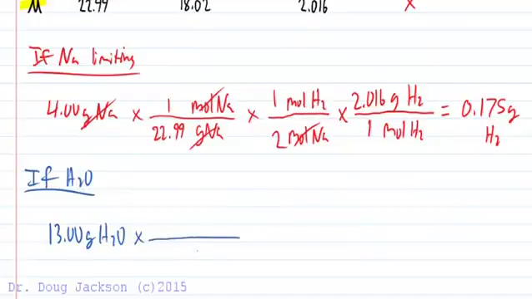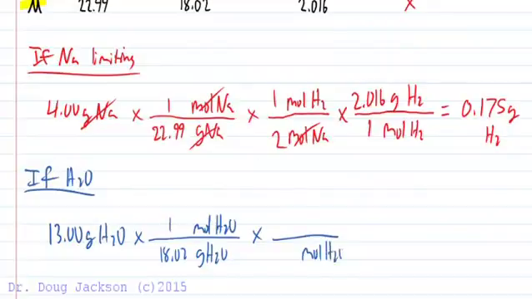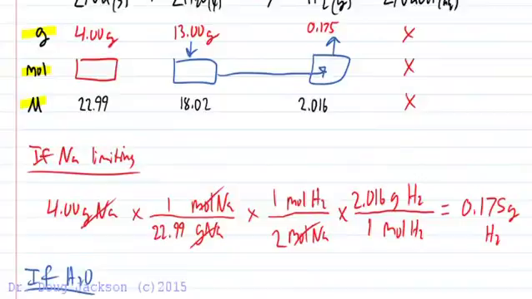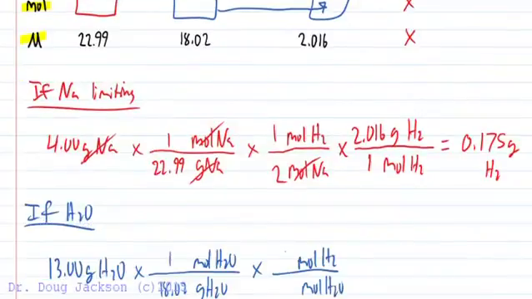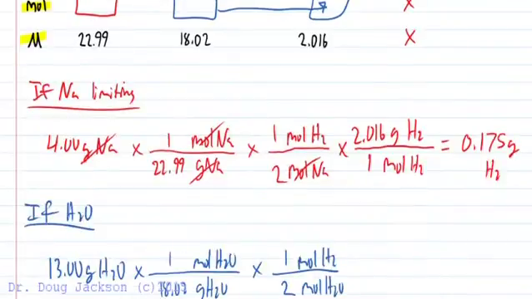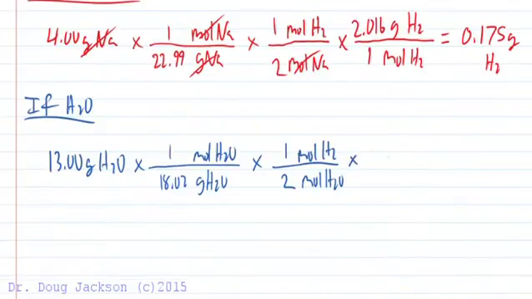We want to get rid of water and get moles. That's the molar mass, so 18.02. Want to get rid of moles of water and get moles of H2. That's coefficients of the balanced equation, so 1 for H2, 2 for water, again same mole ratio by coincidence.